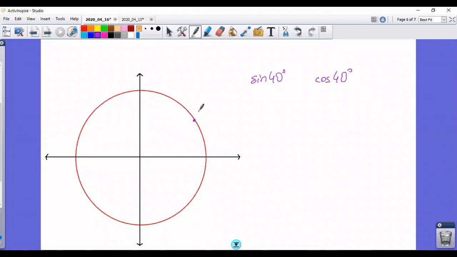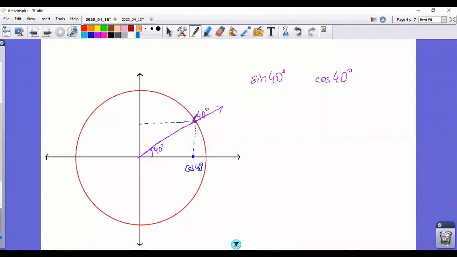40 degrees. Let's say this is 40 degrees. Let me draw the terminal side. This is going to be my terminal side, right? So that means this is 40 degrees. Let me just put my cosine of 40 here. This is cosine of 40 degrees.